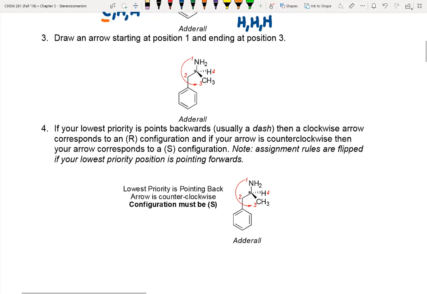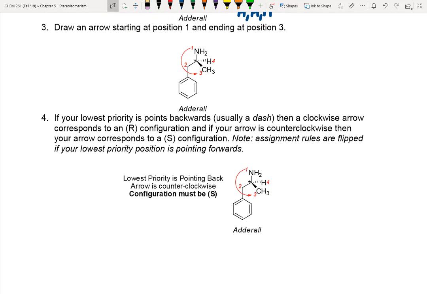All right, next thing I always do is I draw an arrow starting at position 1, and then I connect it around going to position 3. So you see how we're going counterclockwise here? Or to the left. Anytime we go to the left and our lowest priority is a dash, it's referred to as an S stereocenter.